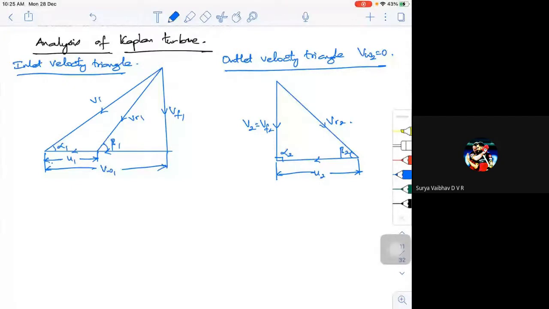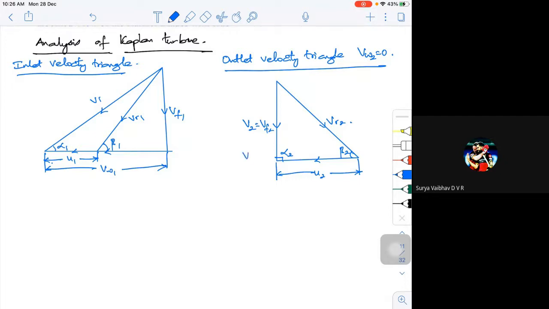So I have got both my velocity triangles at the inlet and exit. I did not write once again the two circles that I wrote for Francis. Instead, I have written the same thing as a zoomed view. But I don't have any whirl at the exit.